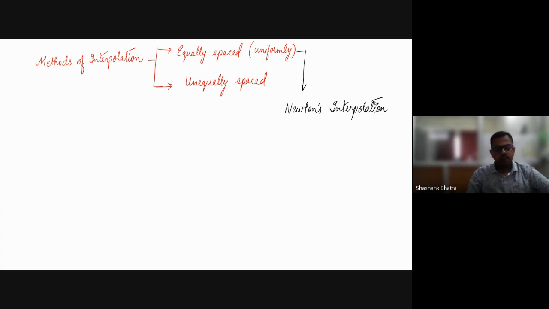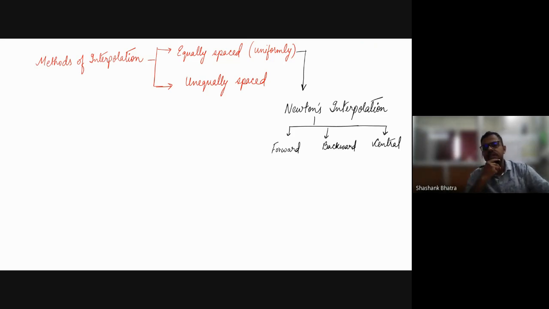So it makes use of the finite differences, which are further subdivided into forward, backward, and central differences. These will be the three categories that you will be having for the Newton interpolation, and this is for the uniformly spaced data points.